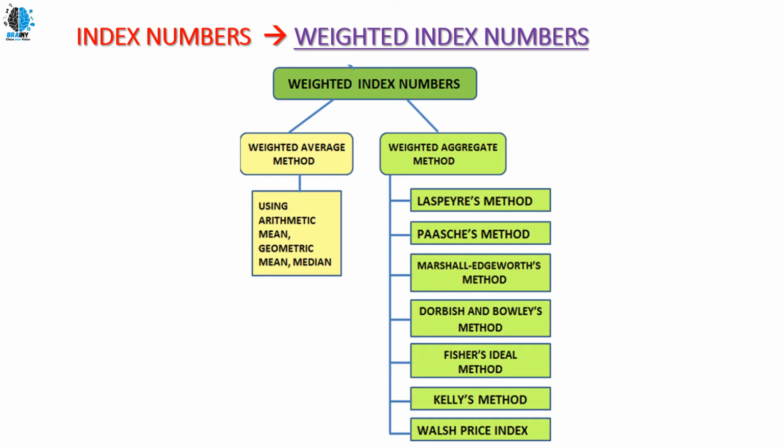Under weighted aggregate, I have 7 different methods. The first is Laspeyres, next Paasche, next Edgeworth, next Bowley, Fisher, Kelly and Walsh method. All these methods I will be discussing in this video tutorial. So let's start.